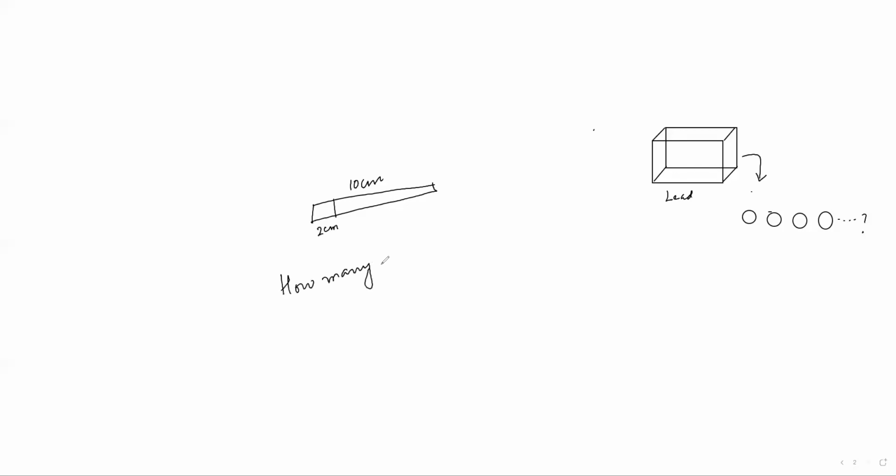Yes, 5, but how? Divide 10 by 2. So we can divide the larger one by the smaller one. This was already said in the last class.